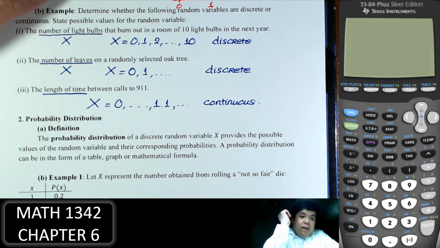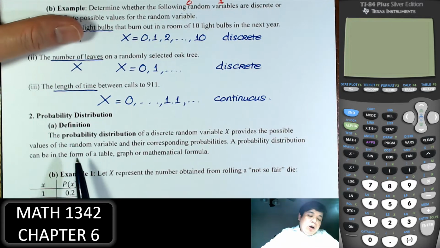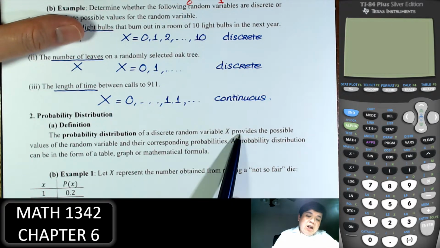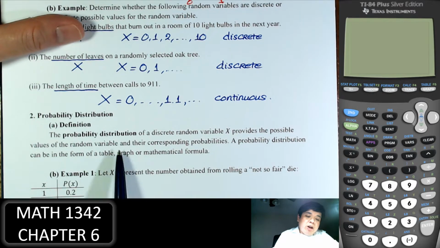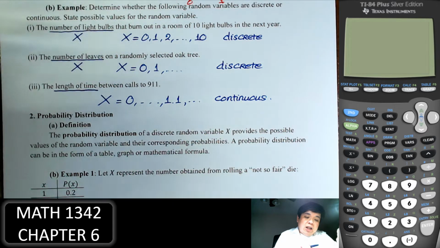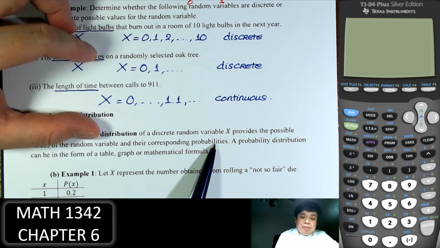Next we define the probability distribution. The probability distribution of a discrete random variable x provides the possible values of the random variable and their corresponding probabilities. So there are values of x, and for each value of the random variable there is a corresponding probability.